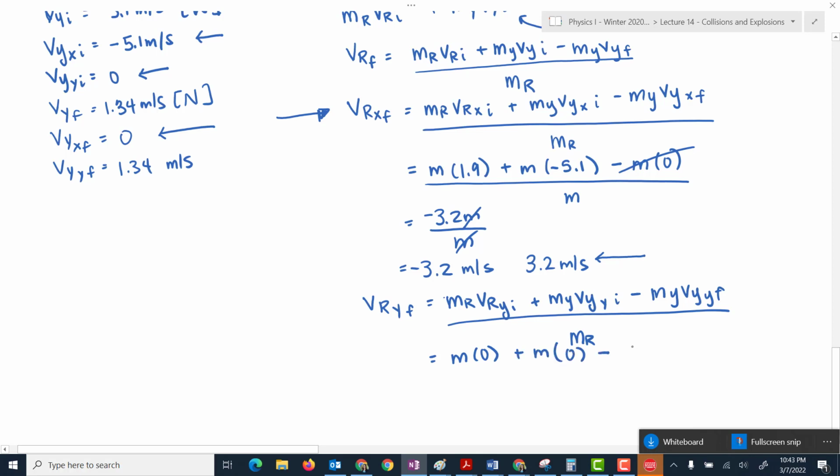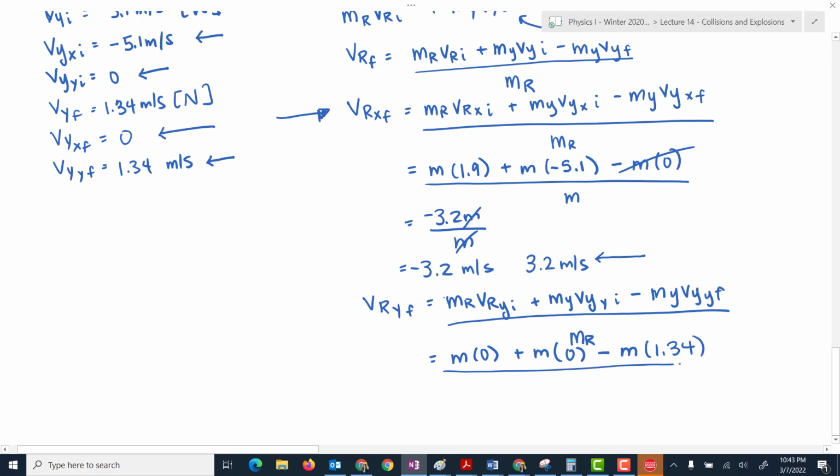And then I have minus the mass of the yellow, which is still just m, and the velocity of the yellow ball in the y direction, that's this value here, 1.34, all over the mass of the red, which is just m. So m times 0 is 0, m times 0 is 0, and negative m times 1.34 over m is just negative 1.34.